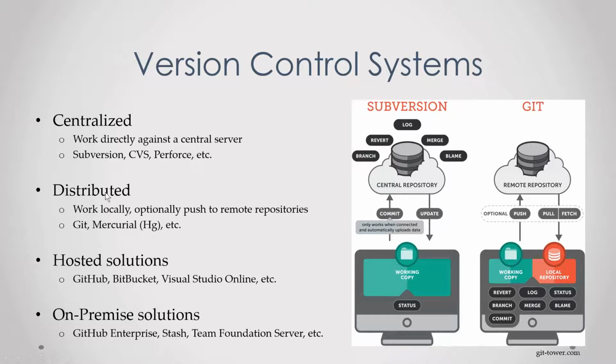So with a distributed version control system, long story short, you could still potentially have a central repository, maybe GitHub or maybe an on-premise solution, but you actually do all of your work locally, and you have an entire copy of that source control or version control repository on your computer.